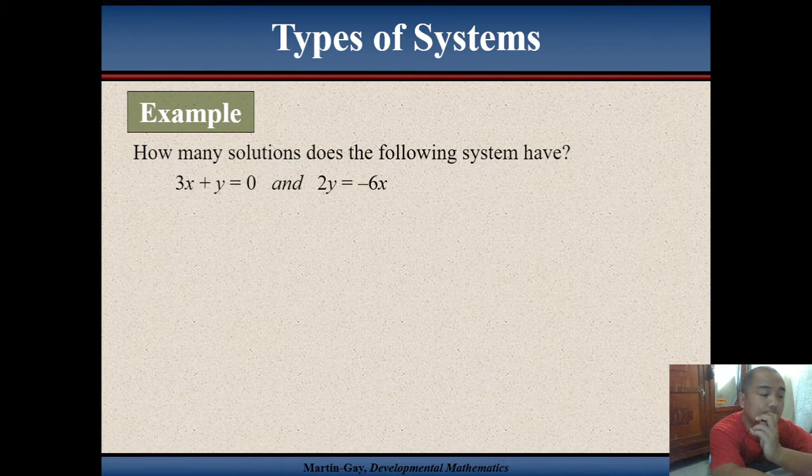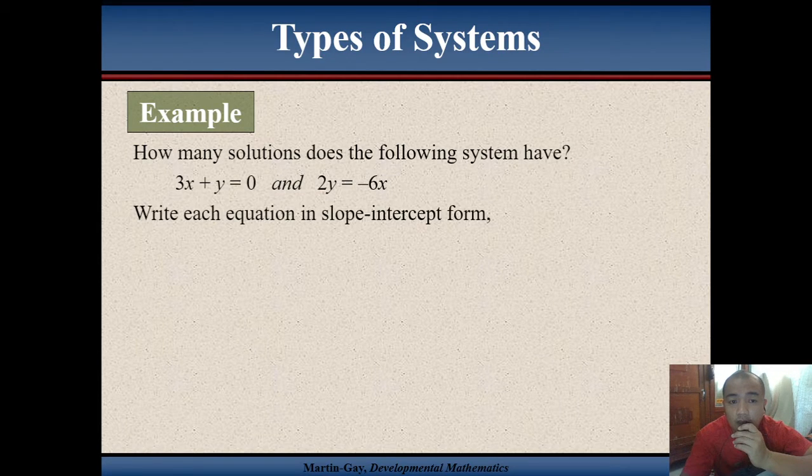Solve the slope to determine the number of solutions. So first, let us determine the slope.